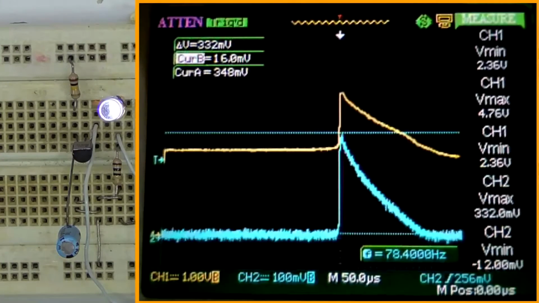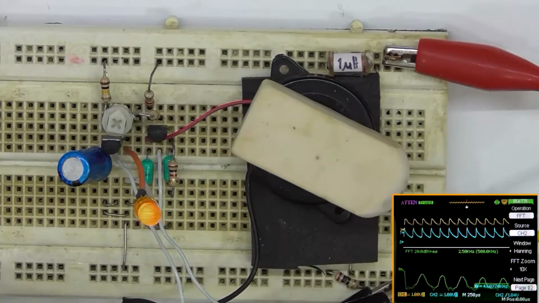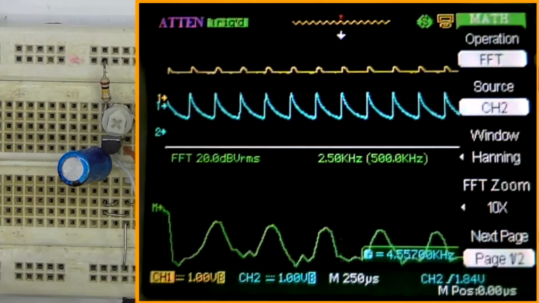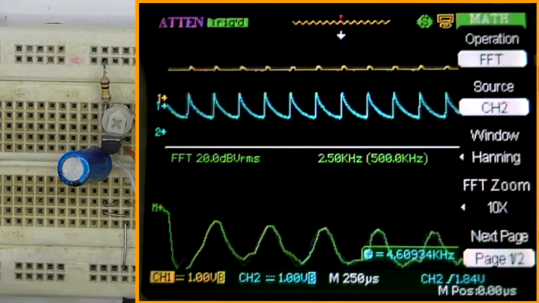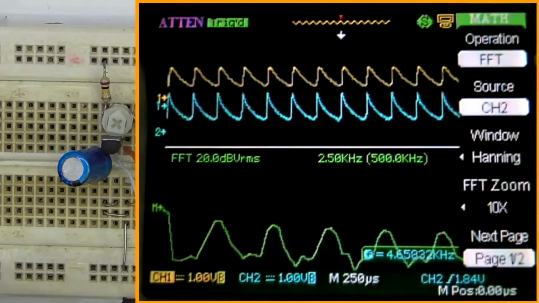You can have fun all day. So I think it's about time that we take a look at the voltages between the bases in this circuit. I've got channel 1 plugged into the base on the low frequency oscillator, and channel 2 into the base of the audio frequency oscillator.